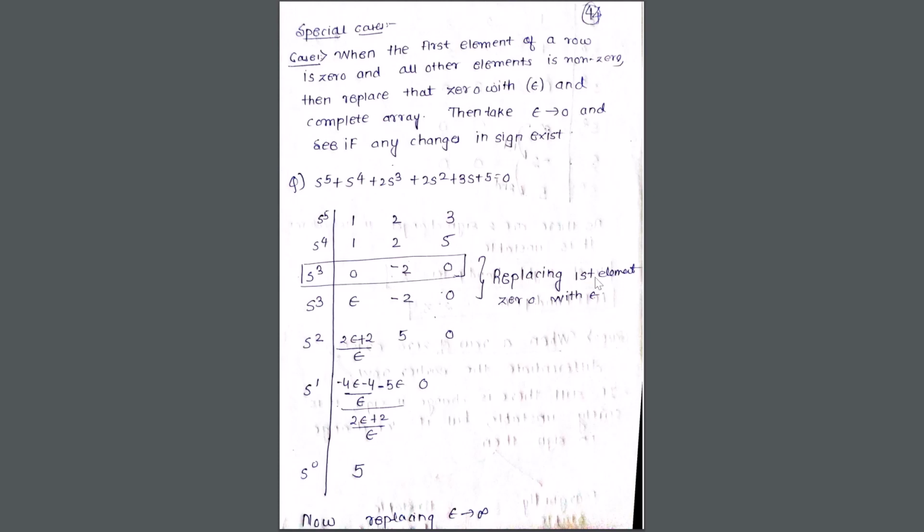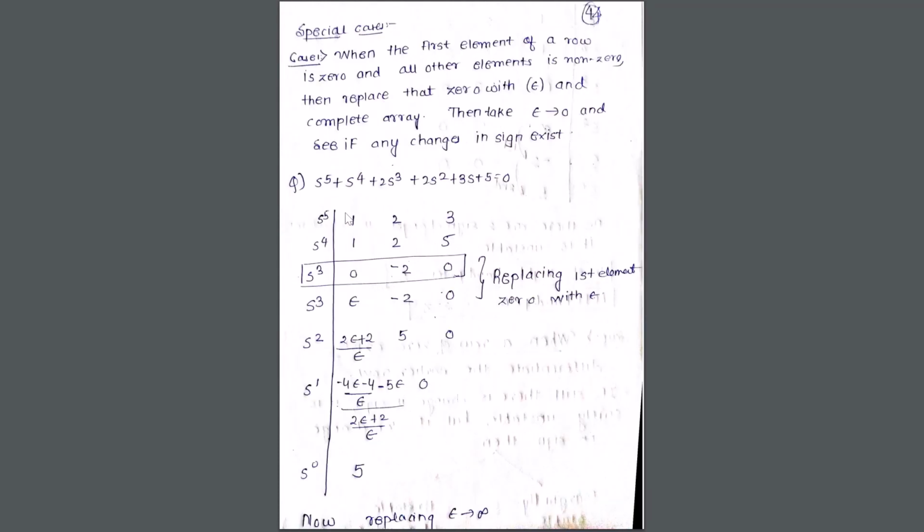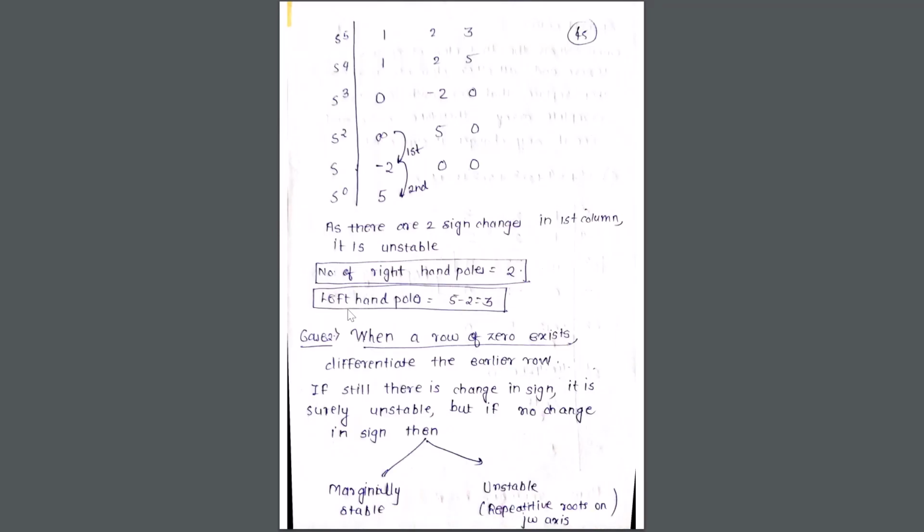Okay, replacing the epsilon with 0. So in that case, if you see my s cube, you can just change this line over here. You can take epsilon as 0 over here. I hope I'm very clear. So the value of epsilon becomes 0 here.